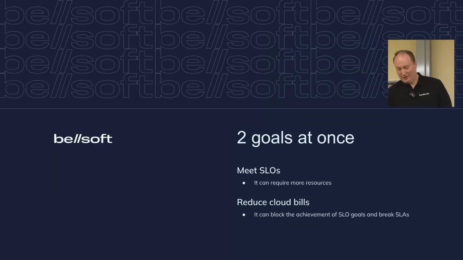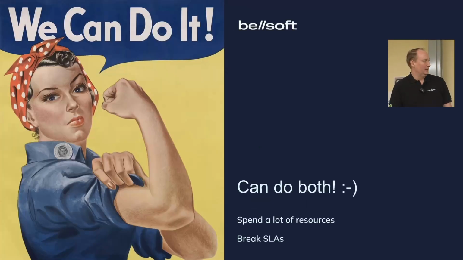And well, unfortunately, sometimes they don't balance, because if we try to reach both, we can do both, but in a reverse way. We can just fail both. So we can have a very bad cost model, very high costs, and at the same time, poor performance and still broken SLAs. If we do nothing, that's what likely will happen.